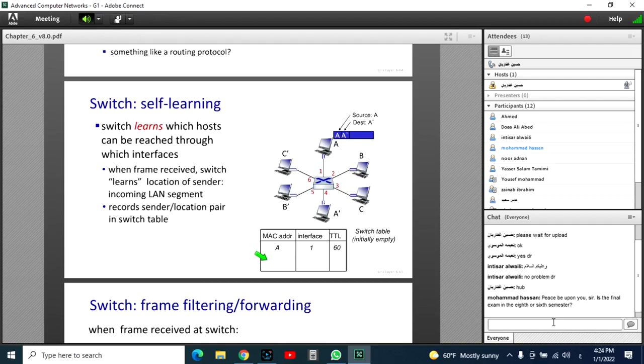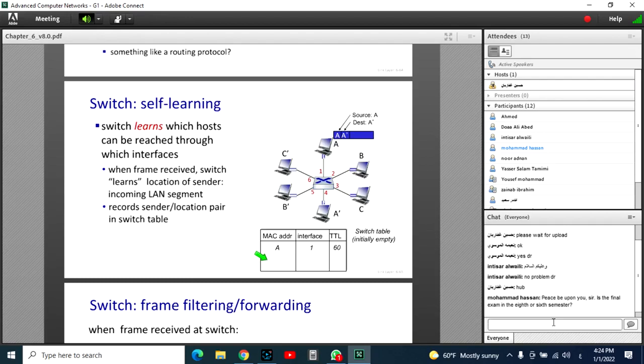But if there is no record in this table, it means that the switch does not know about the destination. When there is no knowledge about the destination, the switch will act like a hub.